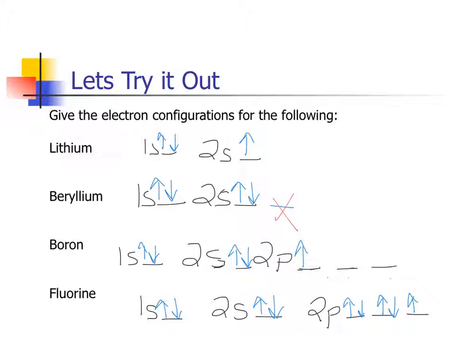Now that I have everything paired up, some people will take and go, oh, I'm supposed to just put everything in there. Well, you have to be counting your arrows at the same time. So 1s would be 1, 1, 2, 3, 4, 5, 6, 7, 8, 9. And so this last little one over here would have been 10. That would have been the great one for neon, but unfortunately that's not the one we wanted.